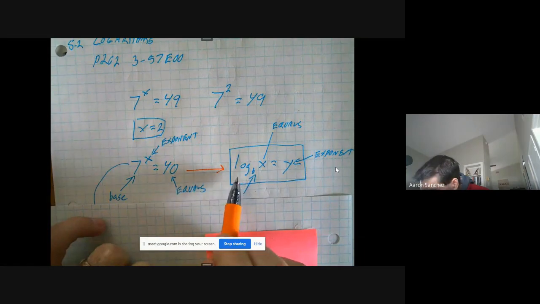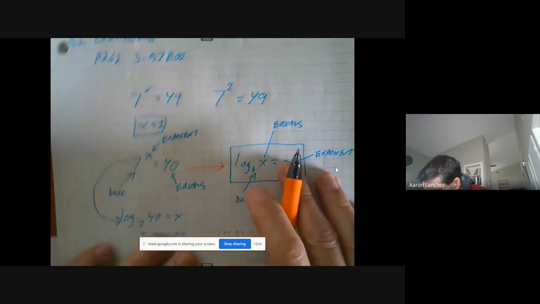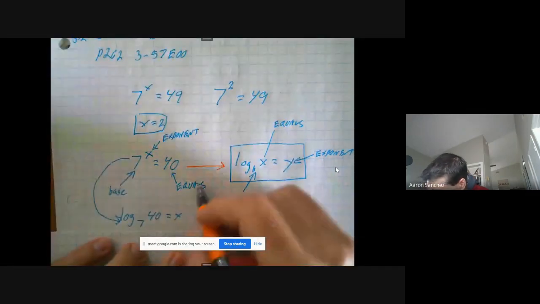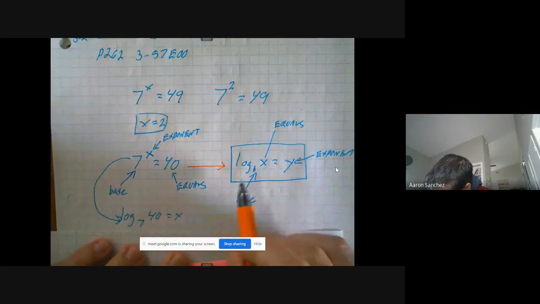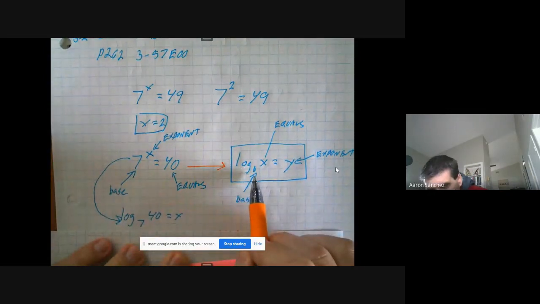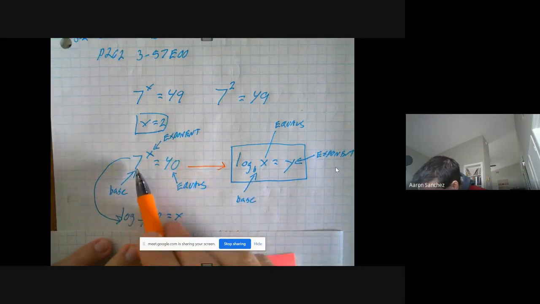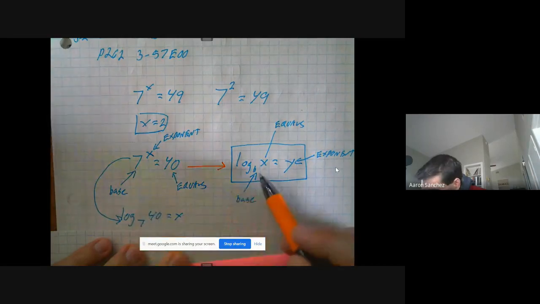Actually, no, this doesn't equal this. This equals this right here. But write this down. Log. Now we have a little tiny b here. This is the base. The base, remember, is the 7. But the way we write it, it has to be a little bit lower and a little b.